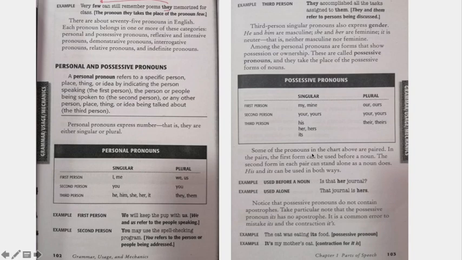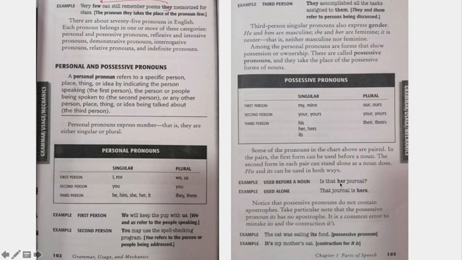Some of the pronouns in the chart above are paired. In the pairs, the first form can be used before a noun. The second form in each pair can stand alone as a noun does. Examples: his and its can be used in both ways. So what are examples?